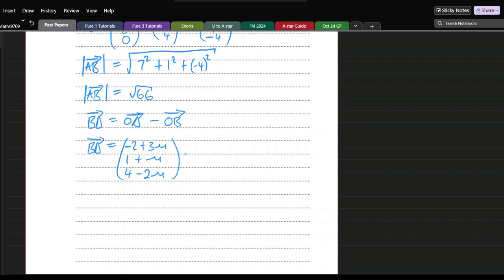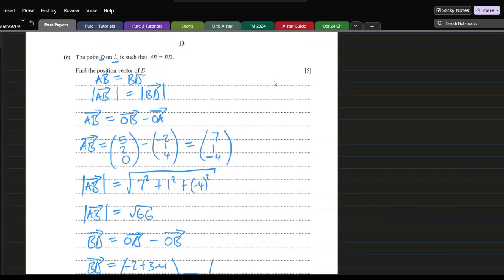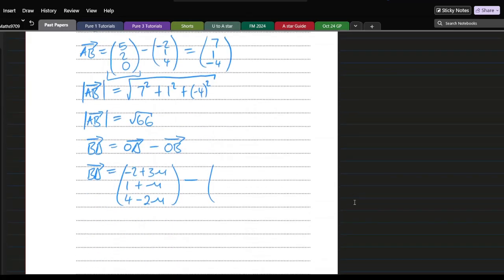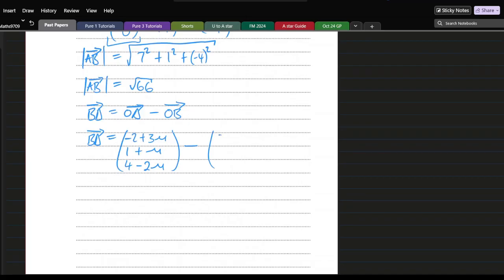And this is minus OB. What is OB? OB is over here, that's (5, 2, 0). And this gives us -7 plus 3 mu, then -1 plus mu, and then 4 minus 2 mu.